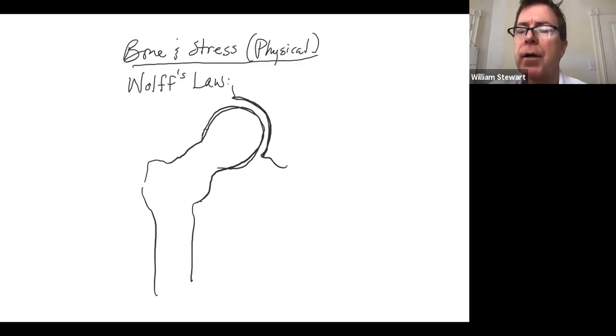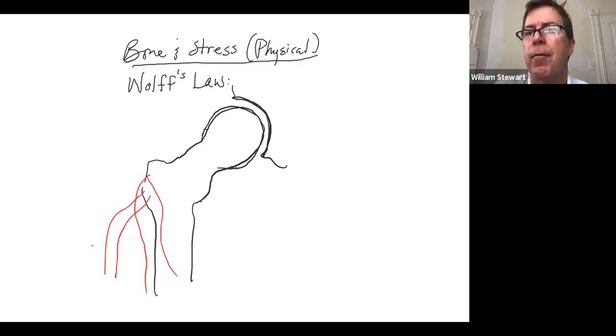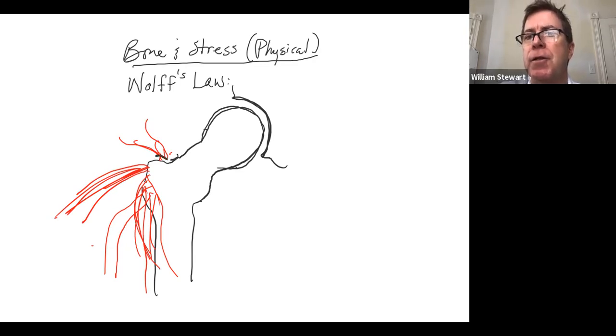Whenever we walk, tendons that attach our leg muscles to this bone, and what you and I would call hip muscles as well, these tendons, these muscle attachment points to the bone in order to move it, they put stress on the bone surface. So every time a muscle pulls, it stresses the bone in that area.